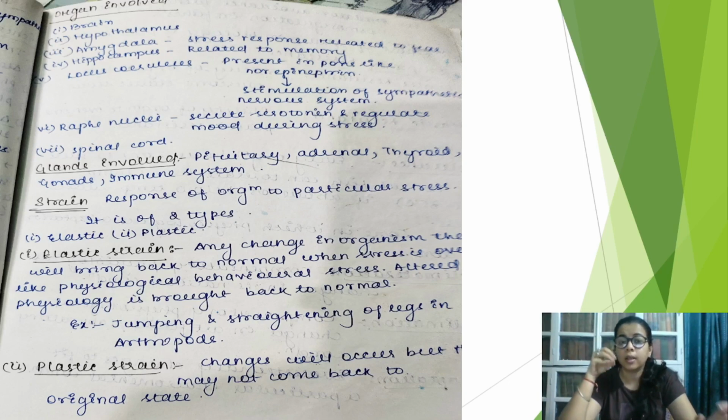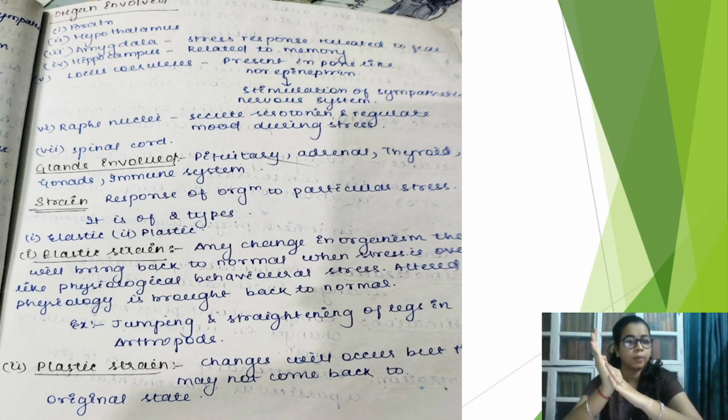Hippocampus, you know that if you are under stress for a longer period of time, then your memory will also be impacted. You can't recollect things, you can't memorize things. That's why you can see how stress is damaging your own self. By stressing over certain things, you are damaging your own self, not harming anybody else.